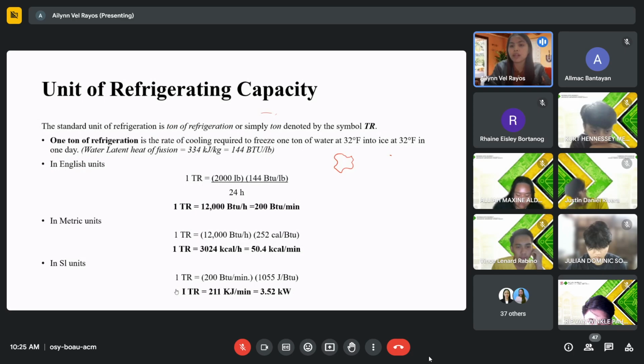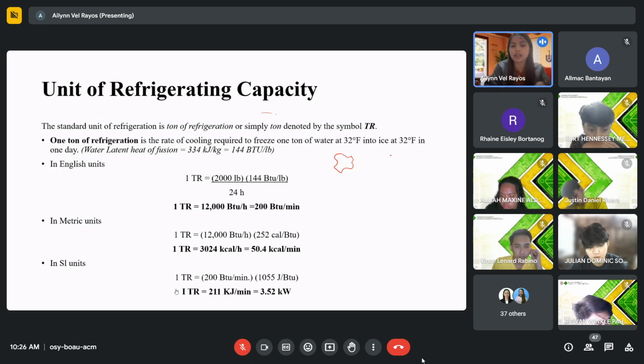Kasi again, meron tayong sensible at latent heat. So review natin, sensible heat is the amount of heat removed or added into a certain substance without change in phase, but with change in temperature, so that is sensible heat.